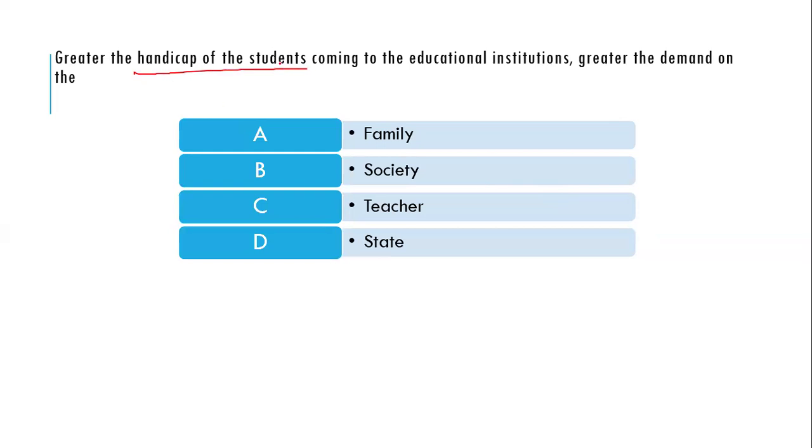If a student is differently abled, you can say differently abled students instead of handicapped, like blind or deaf students, there is a greater demand on the teacher. For example, if a student is without speaking ability, there might be a teacher who knows sign language. So the teacher is in great demand. Yes, that is so true.